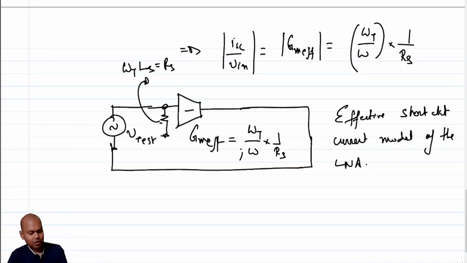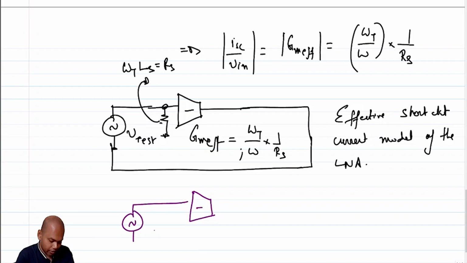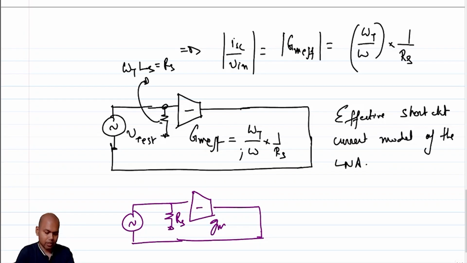Just like in case of a common source amplifier, if I have to distinguish this with a common source amplifier, then in a common source amplifier this is effectively the GM of the common source amplifier, and at the input, for matching, you have to put an explicit RS. In this case, this RS gives us noise, but in the narrowband LNA case, that effective RS does not give us noise.